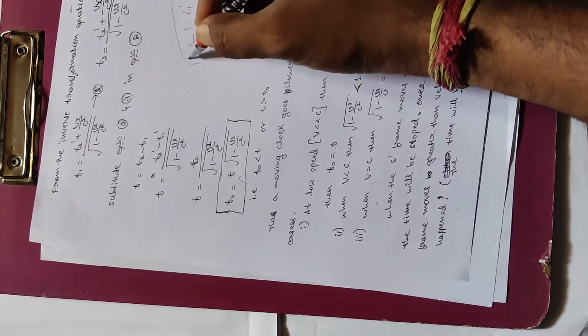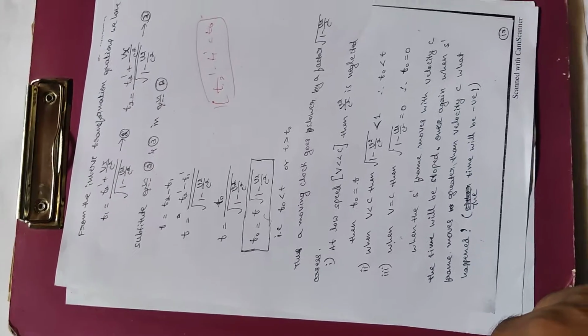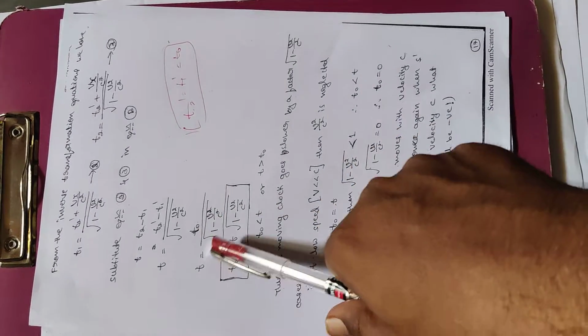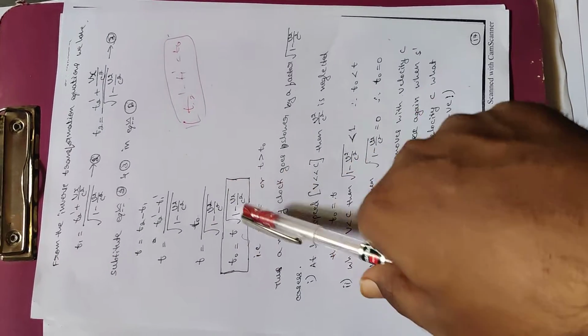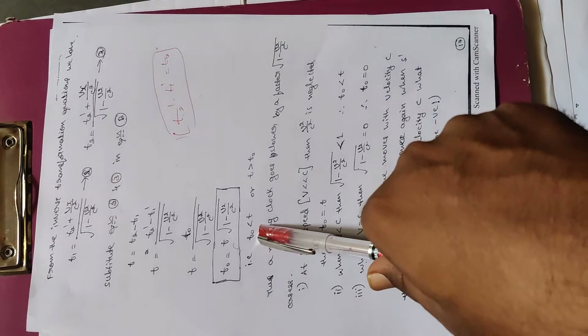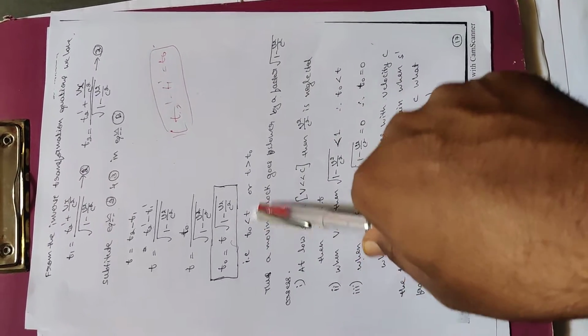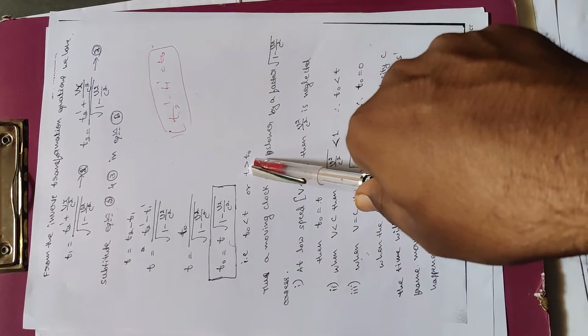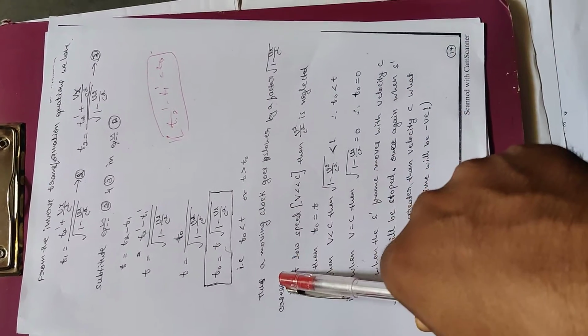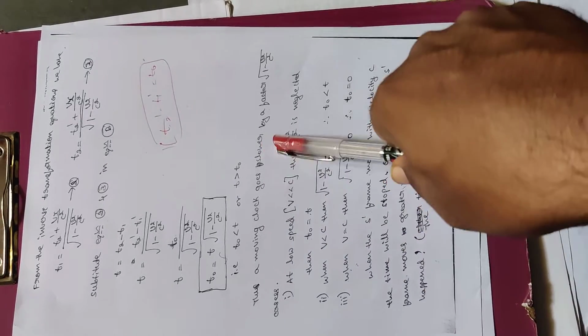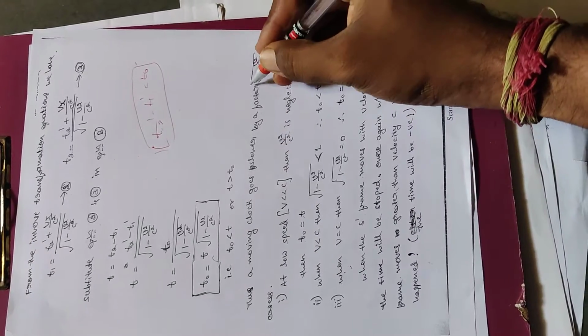So we get t naught equal to t into square root of 1 minus v square by c square. That is, t naught is less than t, or t is greater than t naught. Thus, a moving clock goes slower by this factor.